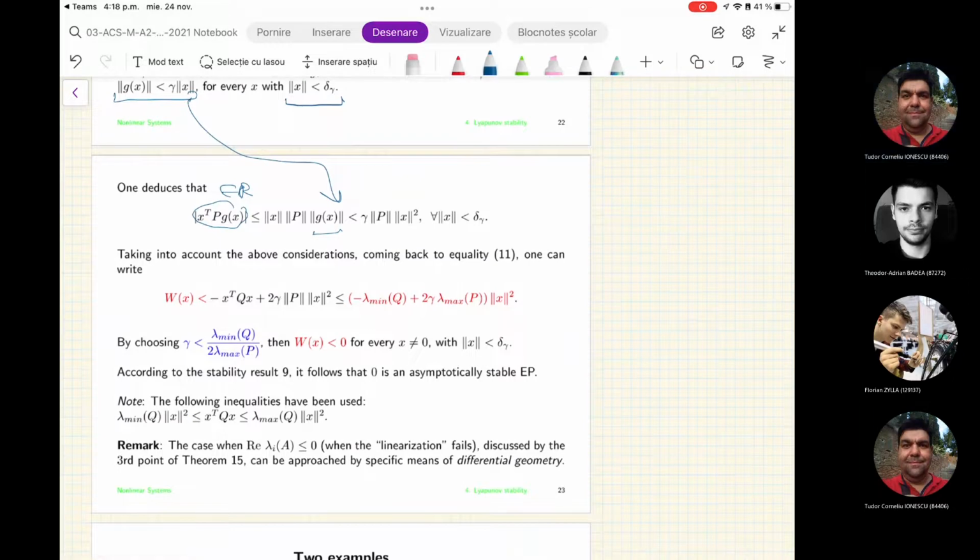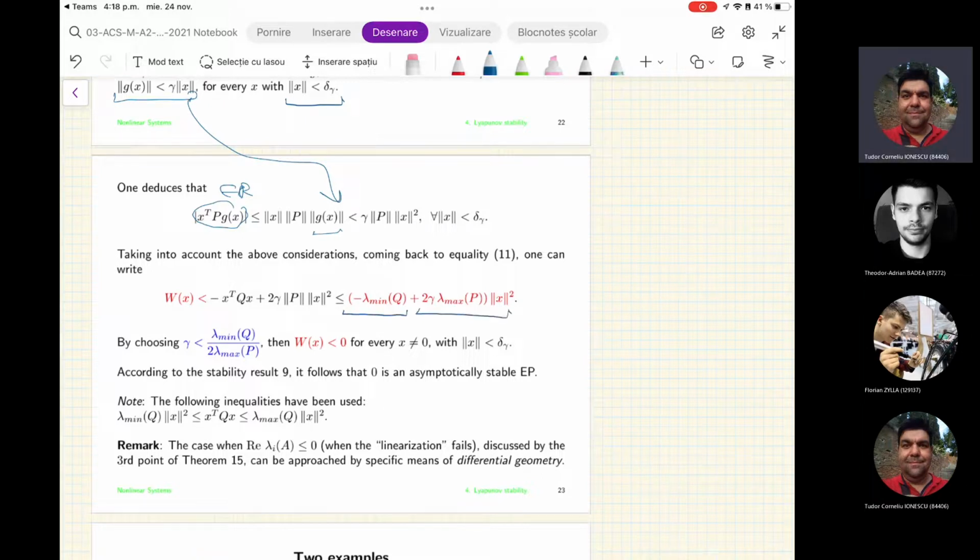Now you go back to the equality. Hence, W x is strictly upper bounded by minus x transpose Q x plus twice gamma norm P norm x squared, and this is less than this quantity.